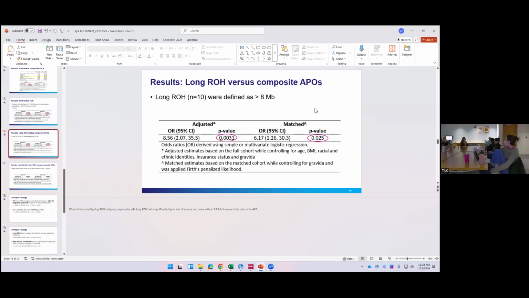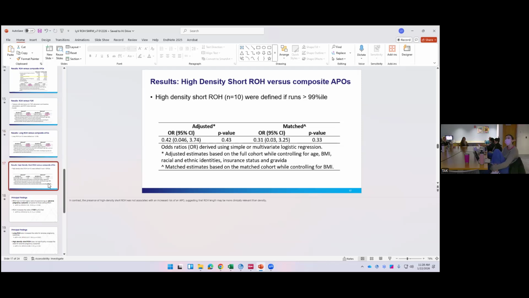Here, go forward another. Because these are distinct, right? The high density short ROH is separate, or do people have both? There are 2 people that have both, but this is the 10 people that had high density short ROH versus everyone else. Okay.